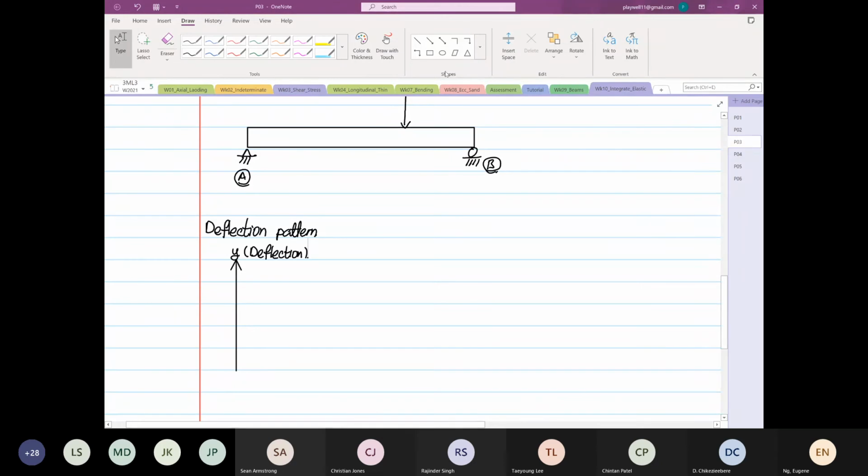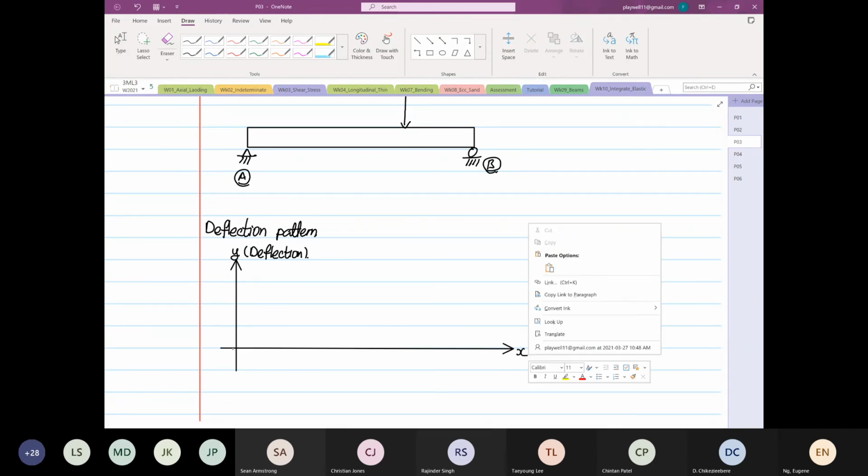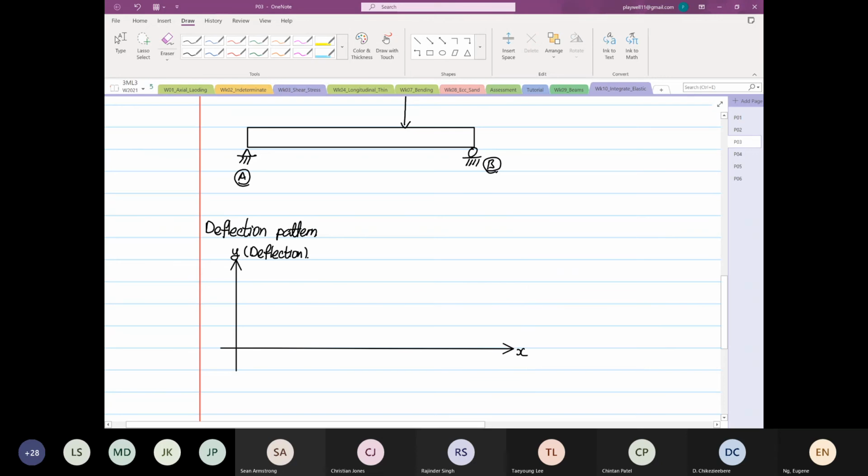Then over here is our X. Then we have point A here, and this is point B. I don't know why I focus on the positive, because the deflection will go on the negative side.